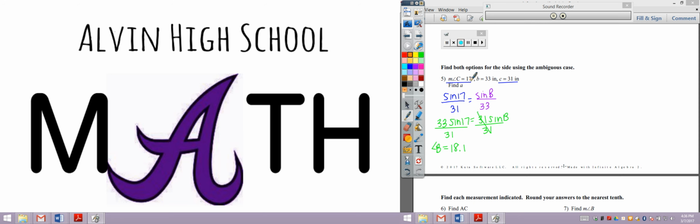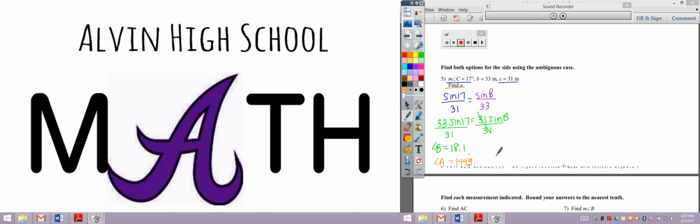So, if C is 17 and B is 18.1, then I need to subtract from 180, and I get angle A to be 144.9. So I'm going to need to use that to find side A. Now there might be another triangle.